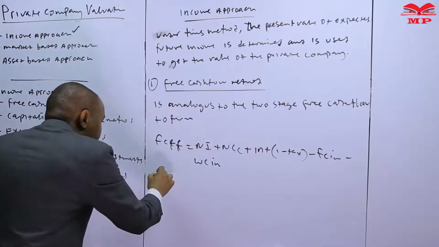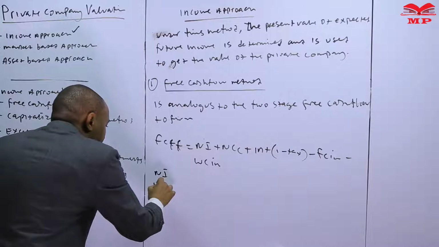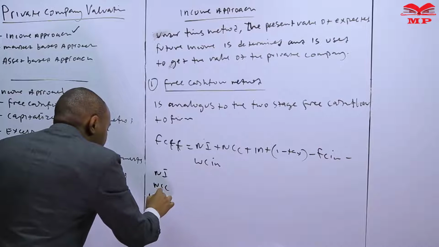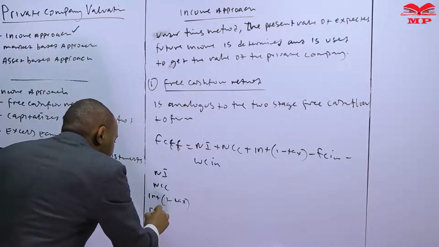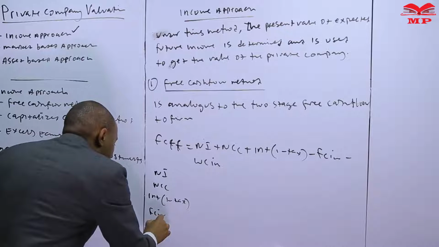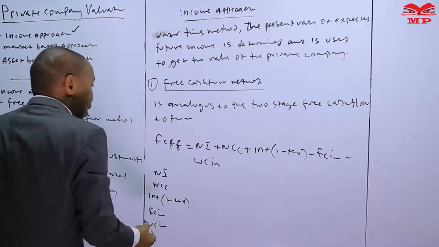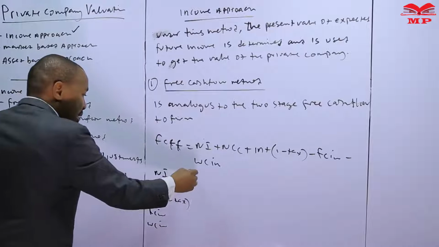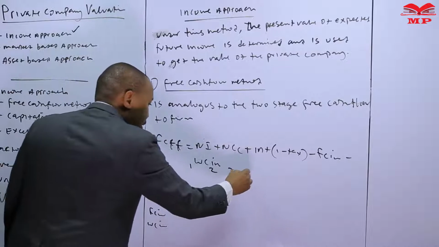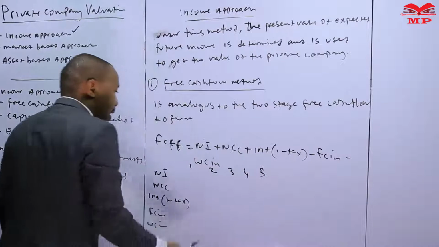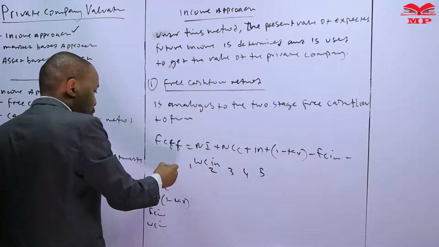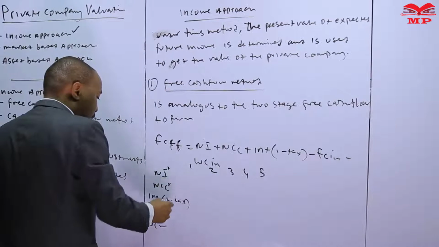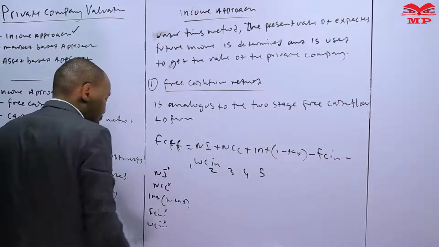Now we need to arrange this FCFF formula in a columnar format so that we can subject these inputs to changes in growth rates. We put net income, non-cash charges, interest times (1 minus tax), fixed capital investments, and working capital investments.